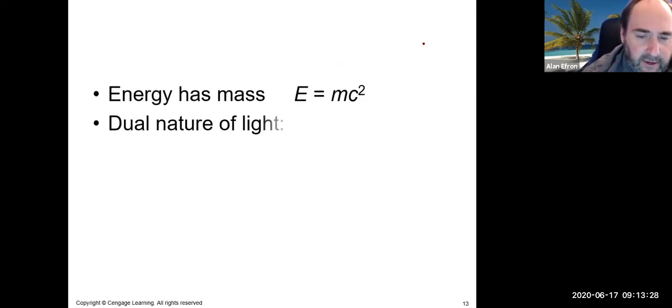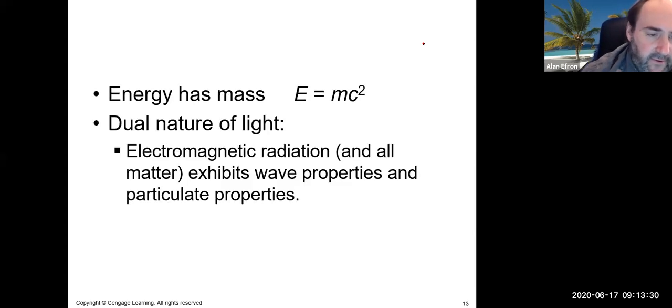They did a lot of experiments, especially Einstein and so forth. And Einstein has a formula, E equals mc squared, and it gives us that dual nature of light. A lot of the things we're talking about here are particles. Electrons are obviously particles.